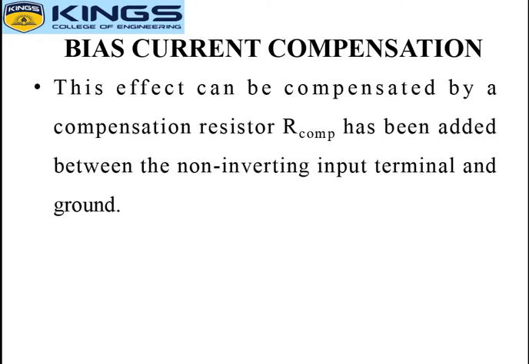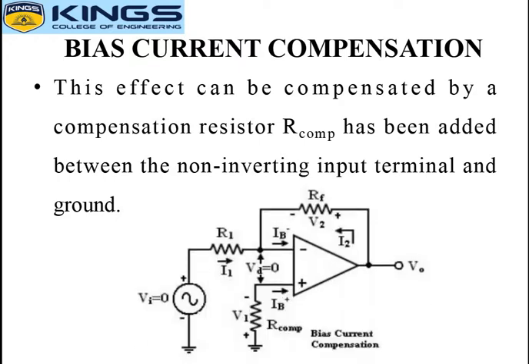This effect can be compensated by a compensation resistor RCOM added between the non-inverting input terminal and ground. This is the circuit for the bias current compensation technique.